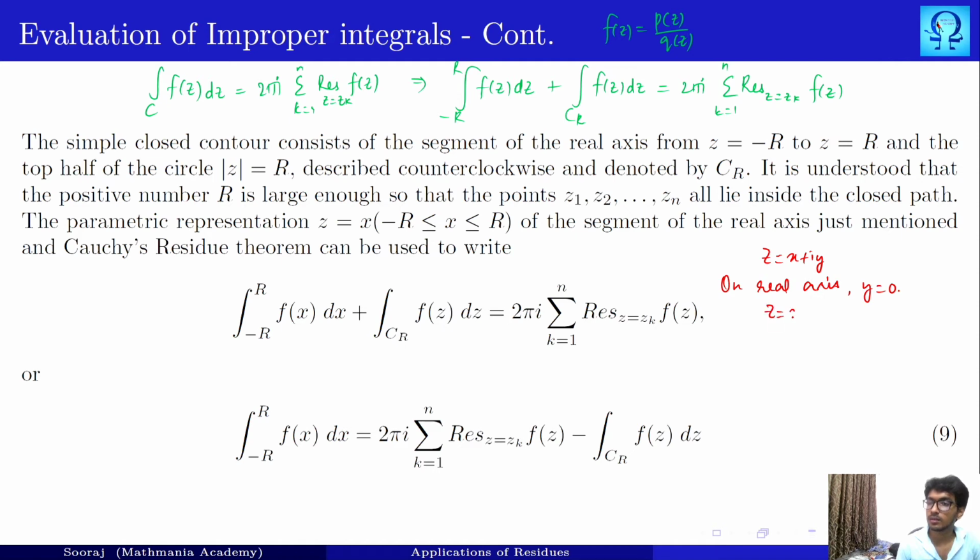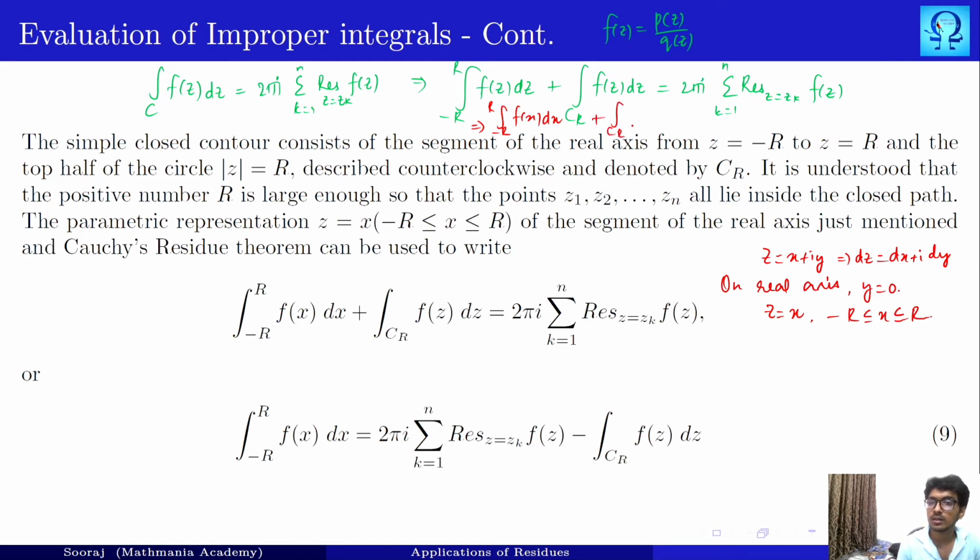So your z is simply replaced by x, with x varying from minus r to r. So this integral is now transferred to the integral from minus r to r of f of x dx, because dz is dx plus i times dy. Since y is 0, dy is also 0, so dz equals dx.